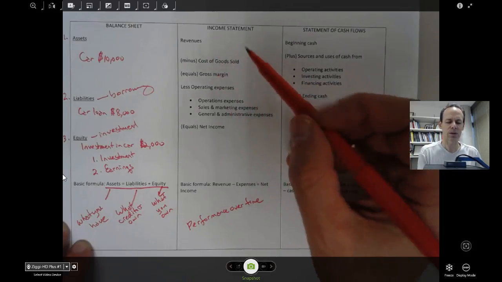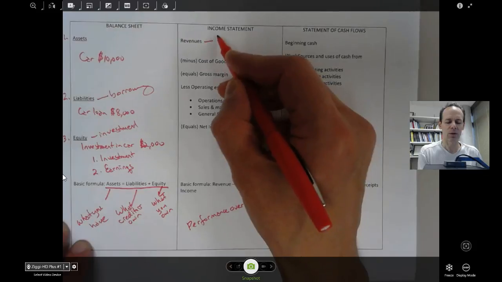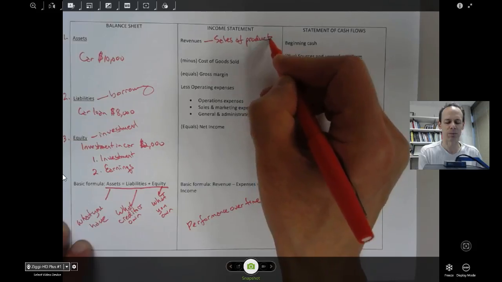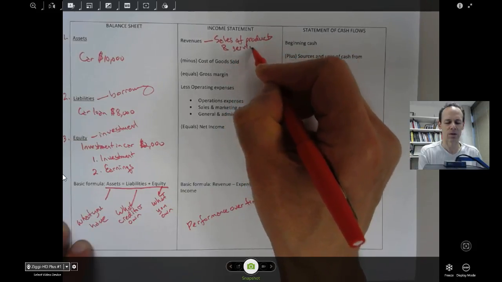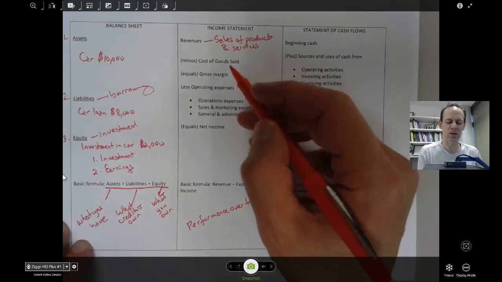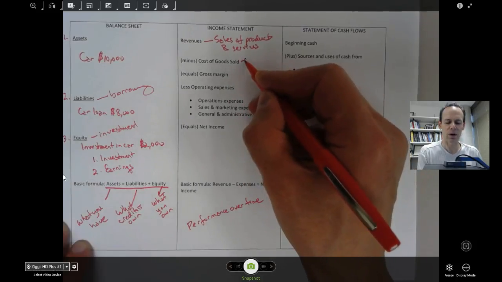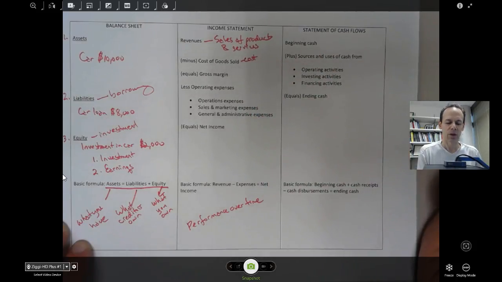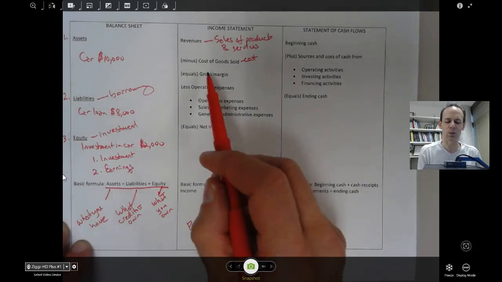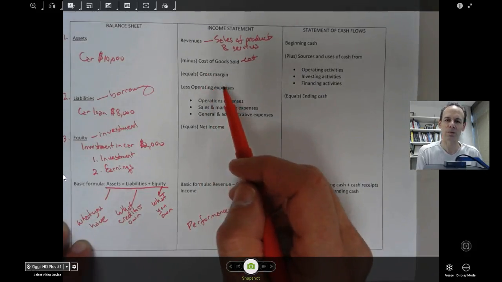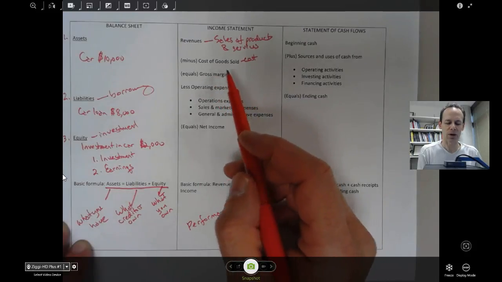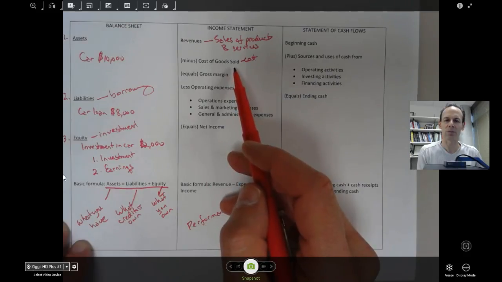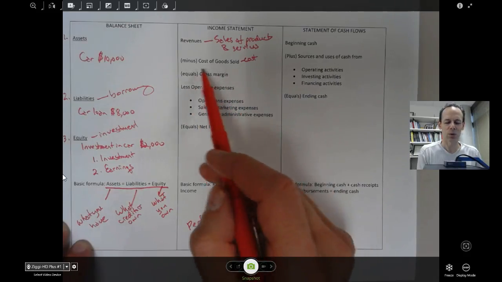So the income statement basically is made up of revenue, and revenue comes from the sales of the products and services that we're selling. And the cost of goods sold represents the cost of the products that we're selling if we have products to sell. If we don't have products to sell and it's a service company, then we wouldn't have cost of goods sold or gross margin. But in the case that we do have products that we're selling, then we would put in a line item for cost of goods sold in order to determine what is the gross margin.